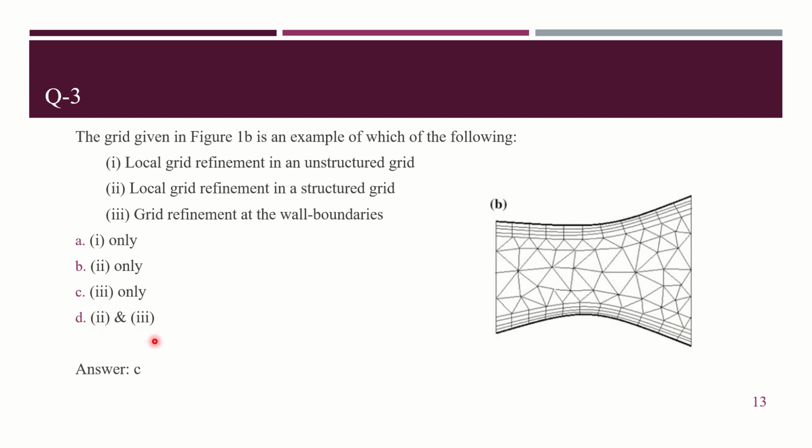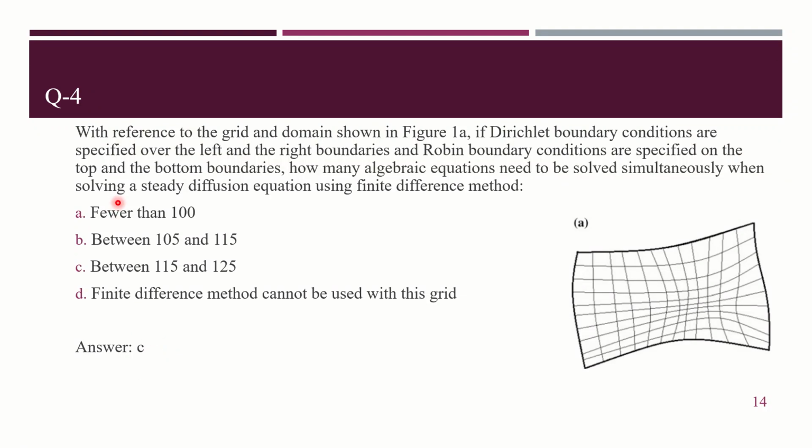Now let us go to question 4. In question 4, it is asked that with reference to the grid and domain shown in figure 1a, that is this figure, if Dirichlet boundary conditions are specified over the left and right boundaries, and Robin boundary conditions are specified on the top and bottom boundaries, which is like having a mix of Dirichlet and Neumann boundary conditions over certain regions.